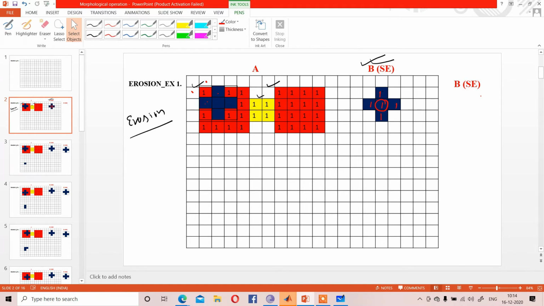Means if you do the erosion, that will be the one point you need to consider. So this will be one point you need to consider, and suppose this point is this one.